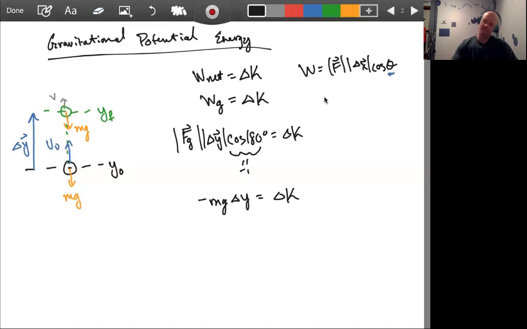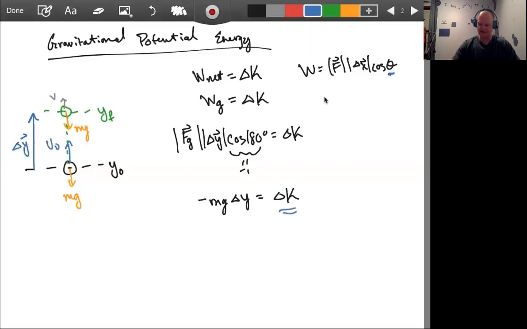Good. Now, from here, again, our claim is that as this thing is moving upward, it's slowing down. And as it's slowing down, it is converting its kinetic energy, since the kinetic energy is getting smaller, right? Starting off with a large number and finishing with a small number, most of the time 0 in this case, when it stops momentarily at its highest point. So it's decreasing its kinetic energy.